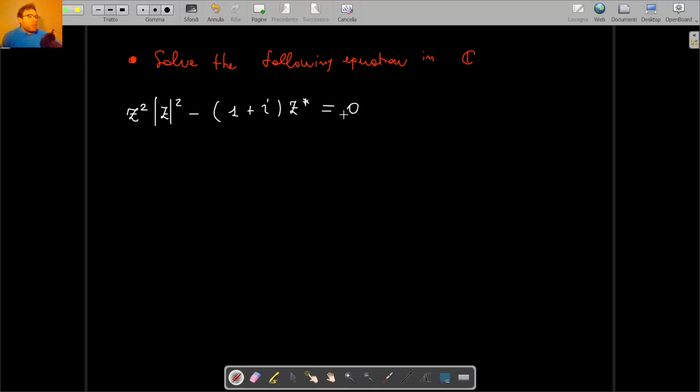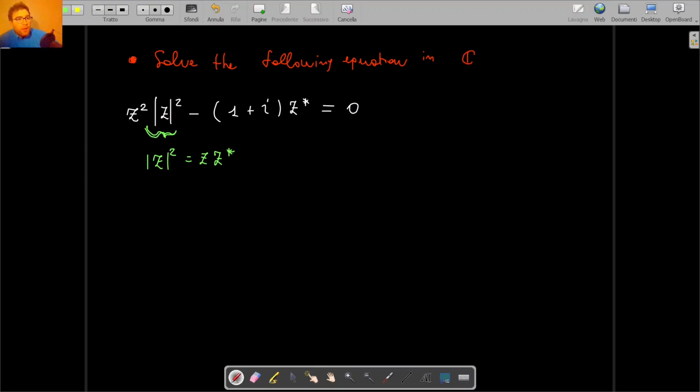We have to look closely at this equation, and we almost instantly recognize that we can exploit the definition of the modulus via the product between a complex number and its complex conjugate, in order to write the whole equation in an easier way. We remember that the modulus squared is equal to z multiplied by z complex conjugated.